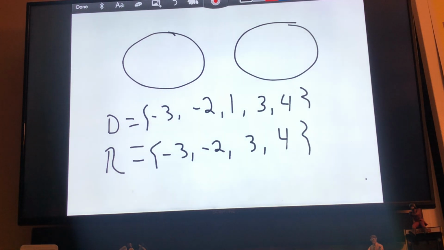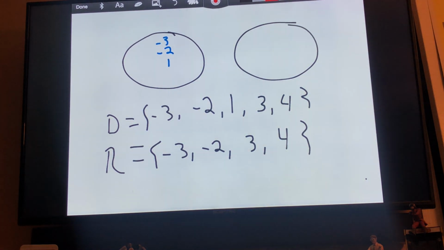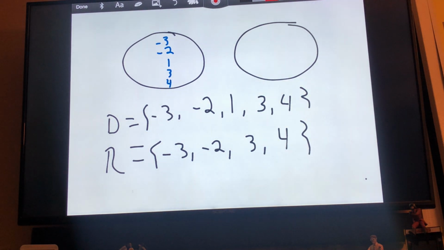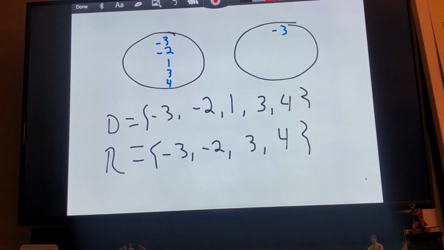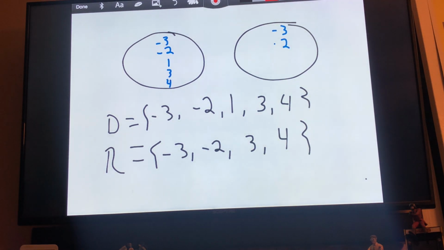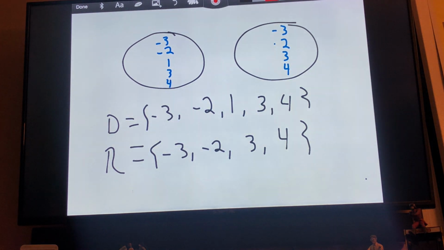Now we're going to pair these up. Let's write our domain in circle 1: -3, -2, 1, 3, and 4. And our range: -3, -2, 3, and 4. Now we're going to draw arrows indicating their matching pair.